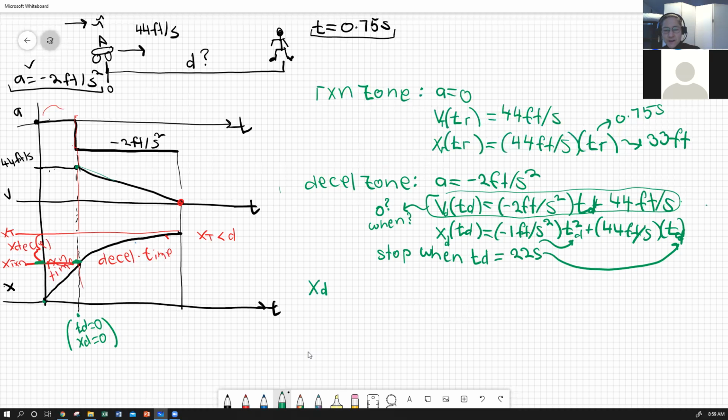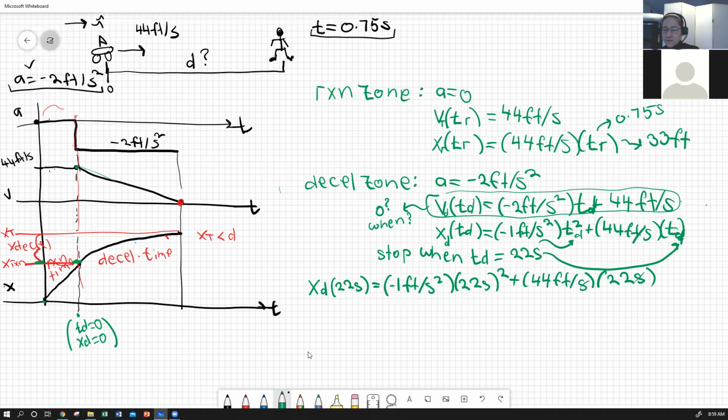The distance covered while we were decelerating, when the time from start of deceleration is 22 seconds, is -1 foot per second squared times 22 seconds squared, plus 44 feet per second, which was our velocity at the time that we started decelerating, times 22 seconds.